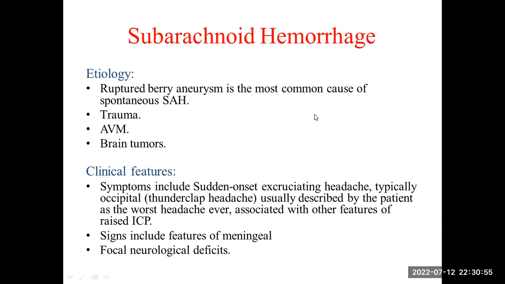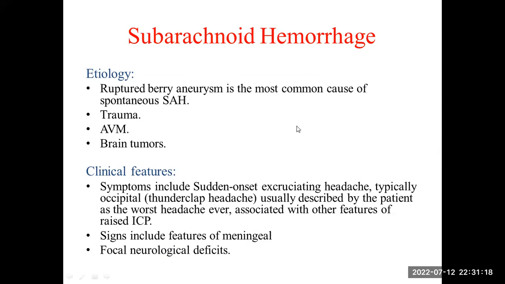When you have a posterior communicating artery aneurysm, the oculomotor nerve, the third cranial nerve, is in close relation to the posterior communicating artery. So whenever there is a posterior communicating artery aneurysm, this can compress the oculomotor nerve, and the patient will have a focal neurologic deficit in the form of third cranial nerve palsy.